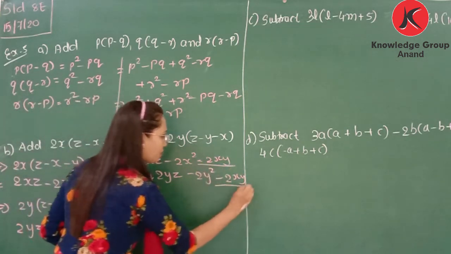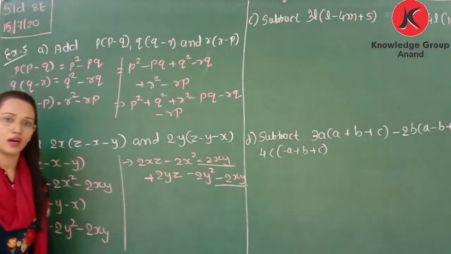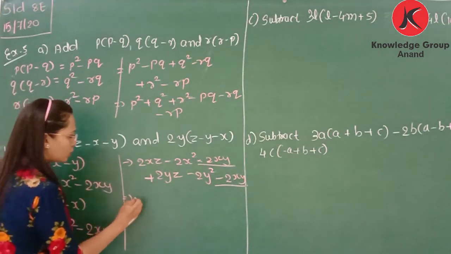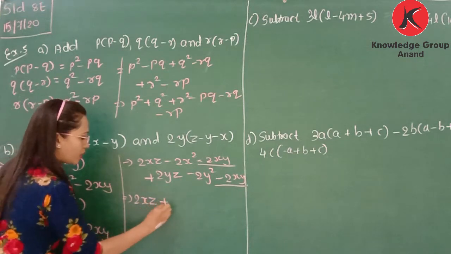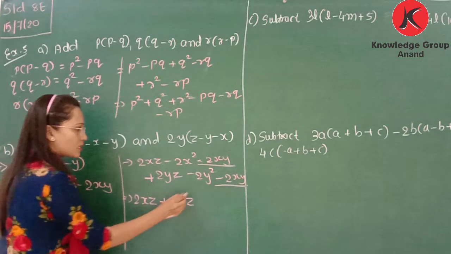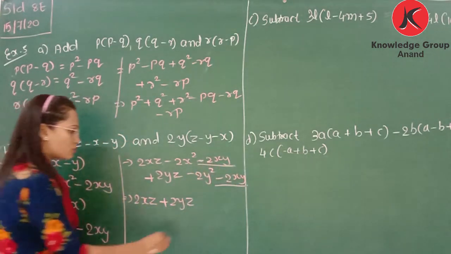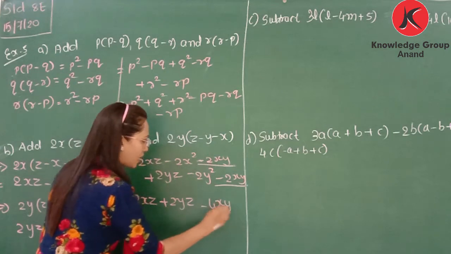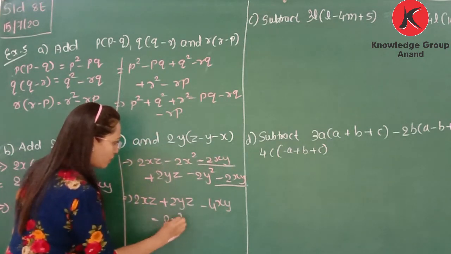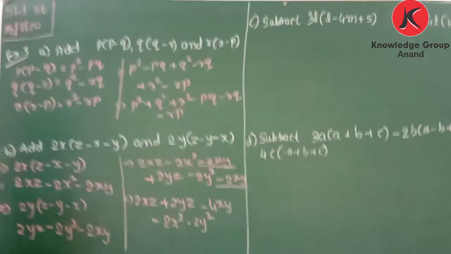Minus 2xy and minus 2xy. These are like terms. Remaining are unlike terms. So we can write 2xz plus 2yz, minus 2xy minus 2xy becomes minus 4xy, and the remaining minus 2x square minus 2y square. So this is our answer.